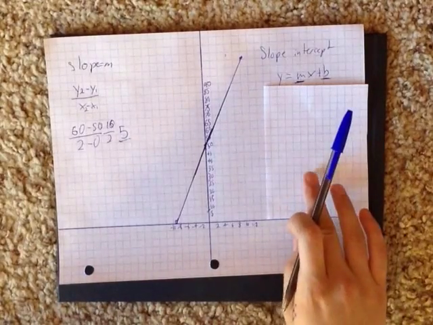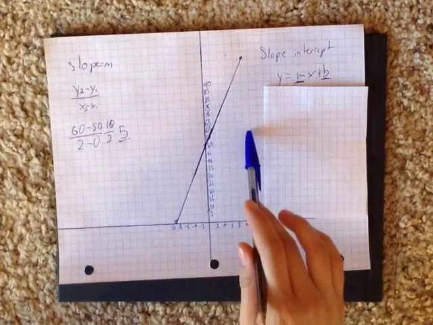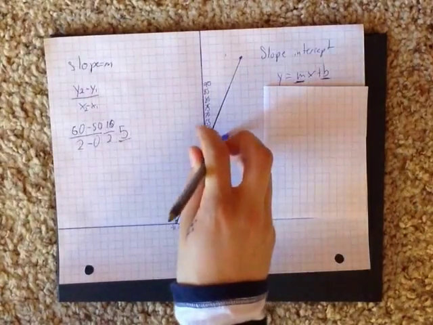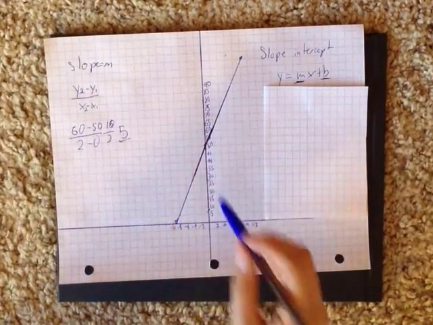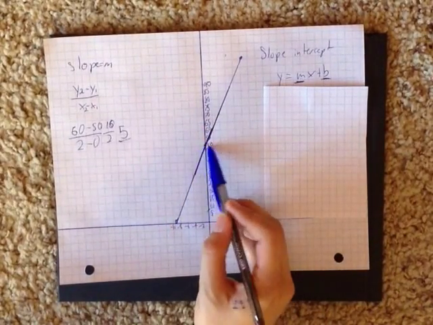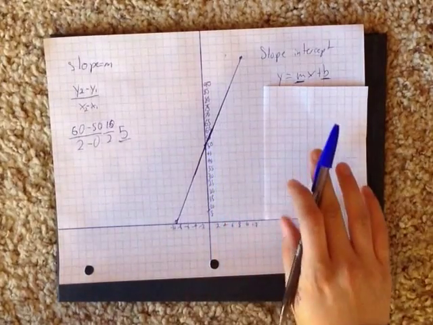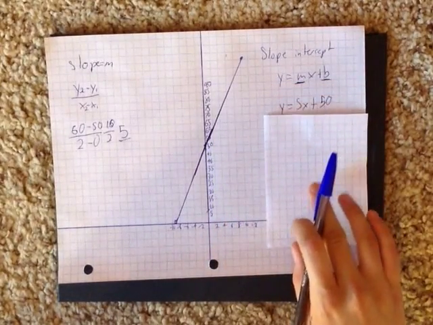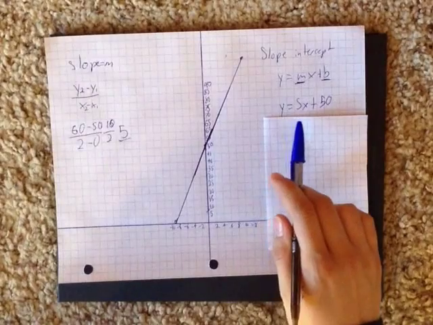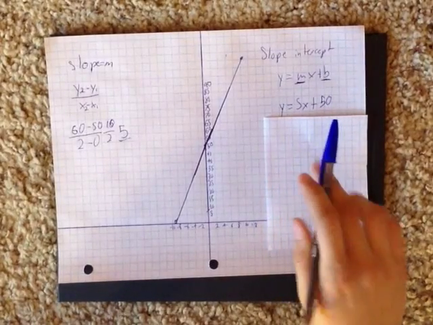So, we can already find the slope-intercept equation of this line, since the y-intercept is quite obviously at 50. So, the slope-intercept equation for this line would be y equals 5x plus 50.